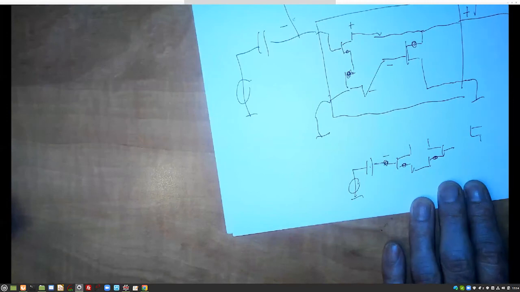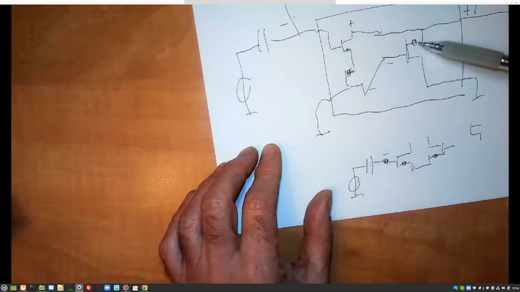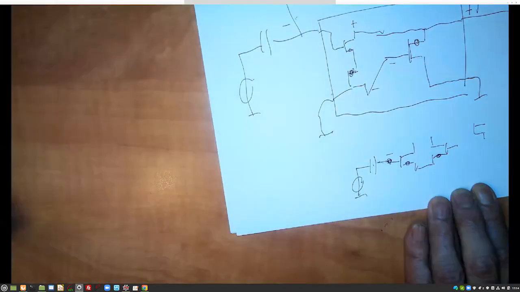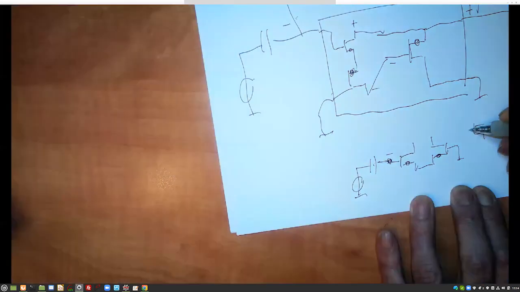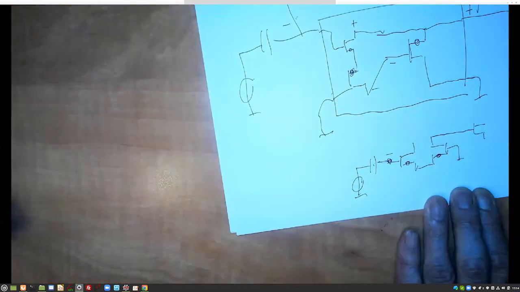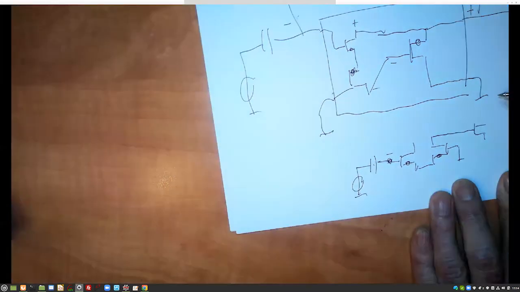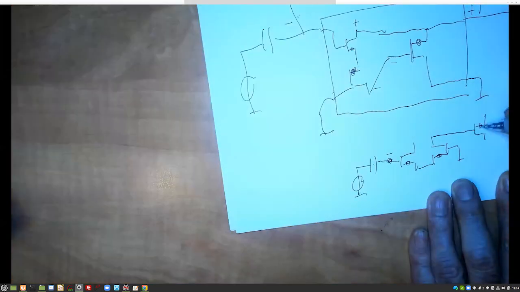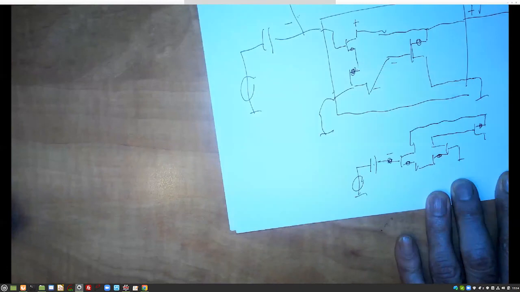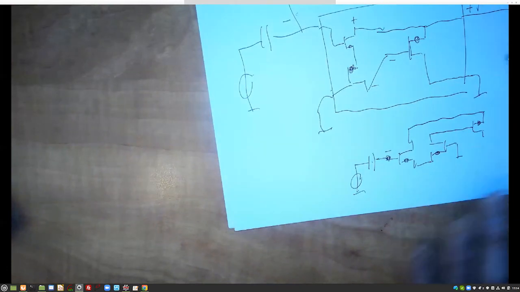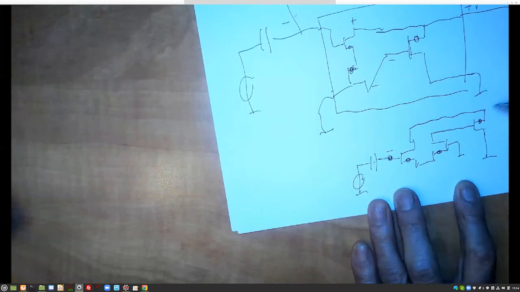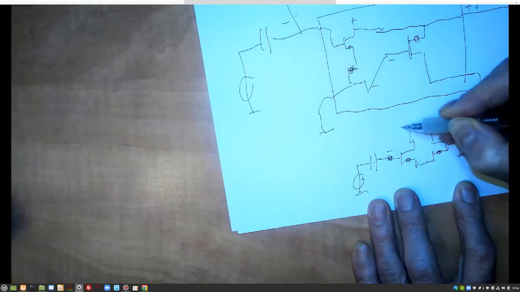The gate of the output stage will be connected to the one that is connected to ground. So this is connected to ground. So this is the gate. And the source will be connected to the one that is connected to the plus. So the source is here connected to the plus. And this will be the output. And this one is ground. And this will be the output. So here's your feedback.